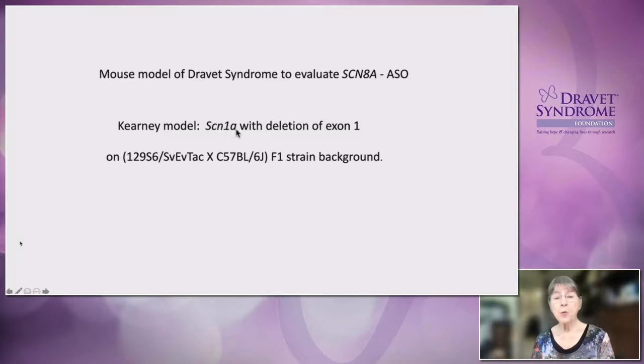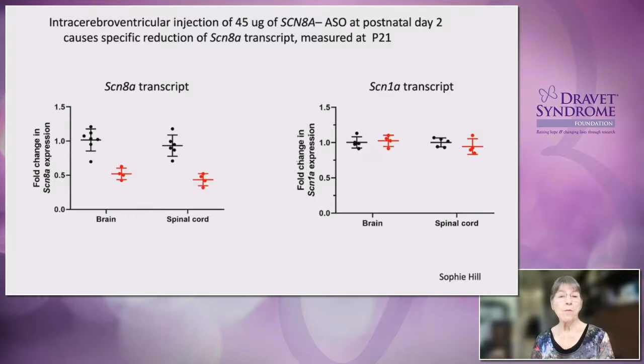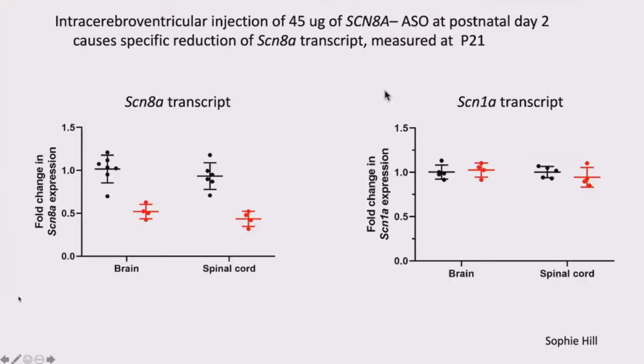This is an SCN1A allele with deletion of exon 1, and we studied it on the 129 black 6 F1 background. So, start with what's the effect on the 8A transcript, and is there any effect on the 1A transcript, which would complicate interpretation? But the 3' UTRs of these transcripts are quite different.